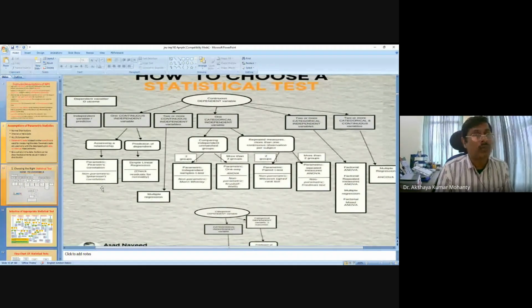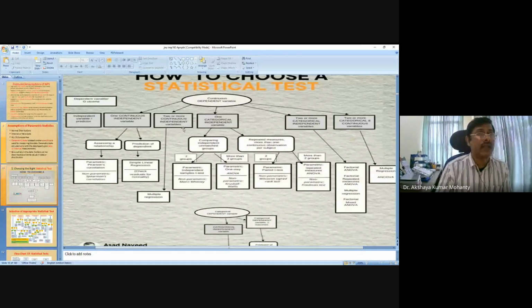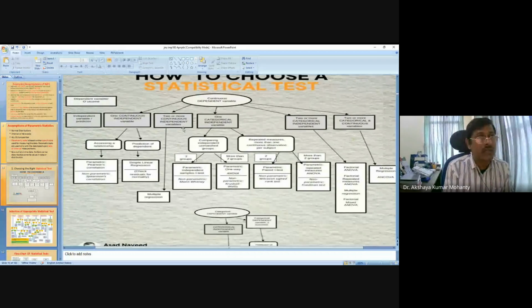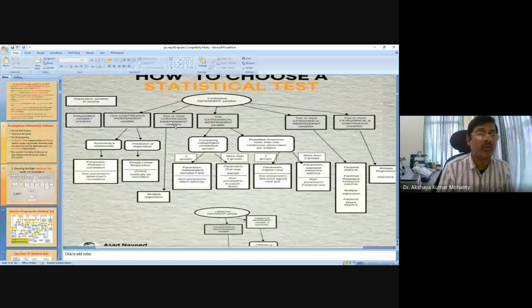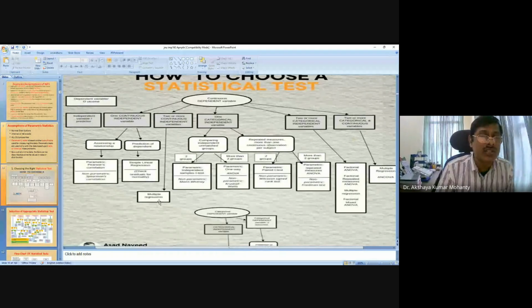Now come to the next situation. Let us say one dependent variable is there, and with it two or more continuous independent variables. In that case, the dependent variable is a function of two or more independent variables. So we can go for multiple regression analysis, which also comes under the parametric approach. Why?